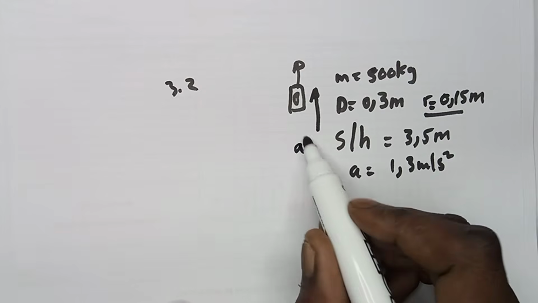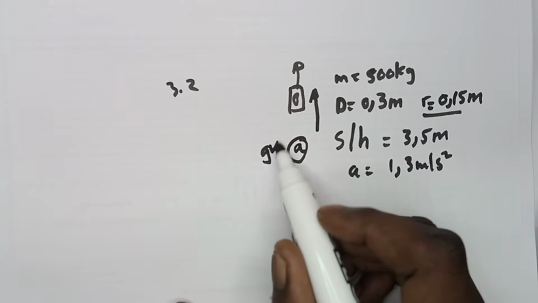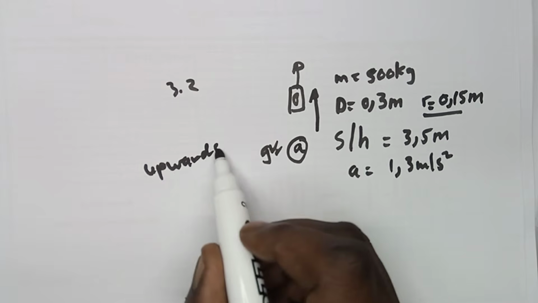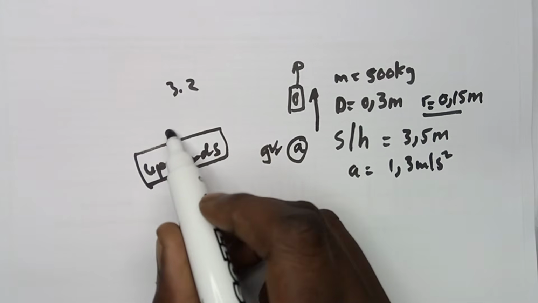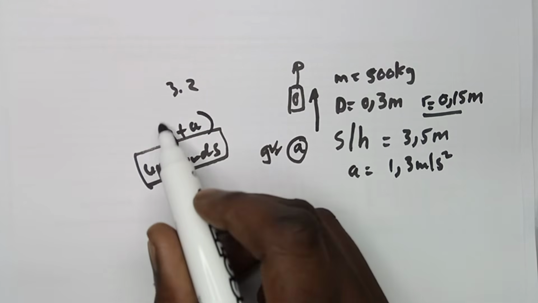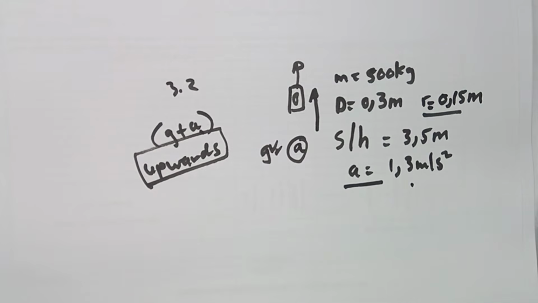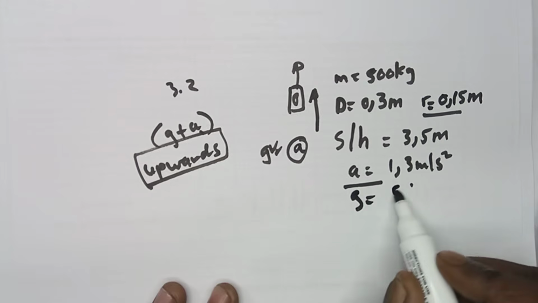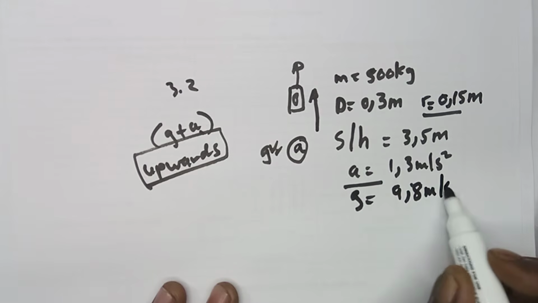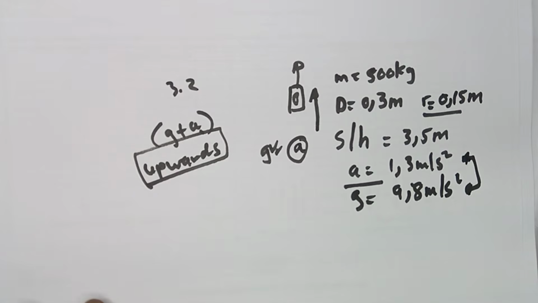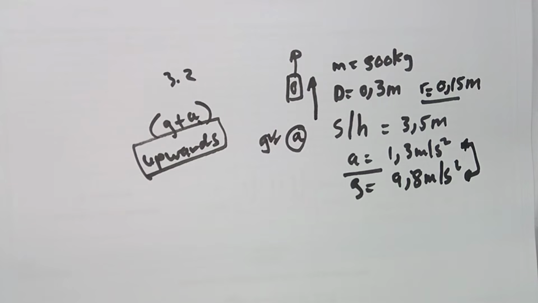So you've got acceleration and also gravitational acceleration. Whenever you are going upwards, the concept is you add the gravitational acceleration to the acceleration that you have here, because remember your gravitational acceleration is 9.8 meters per square second. So these will add together because they are going upwards. If it is going downwards, you subtract one from the other, but this time you add.